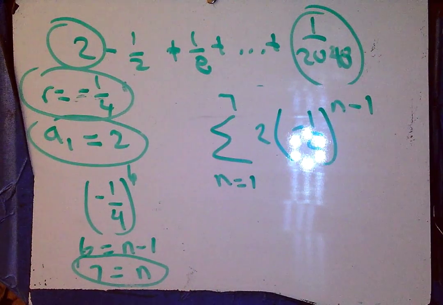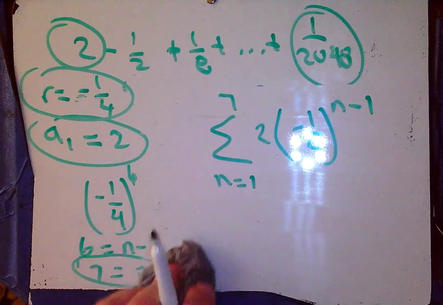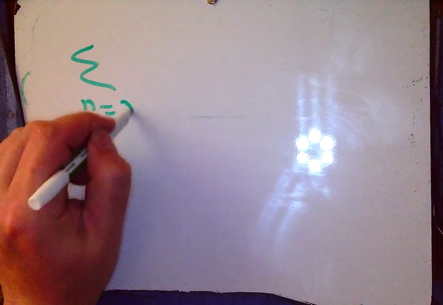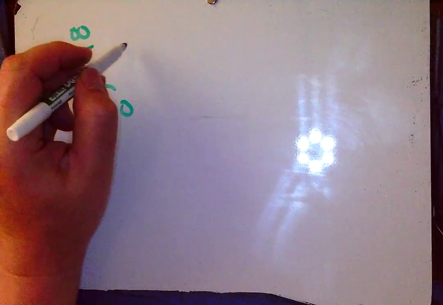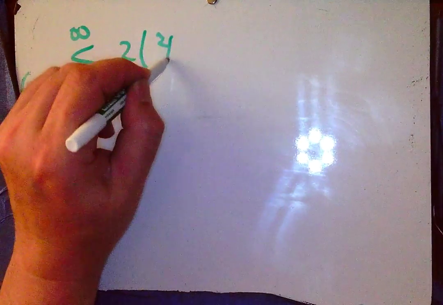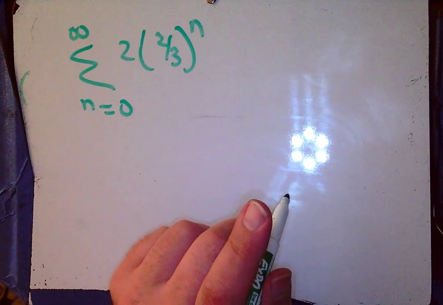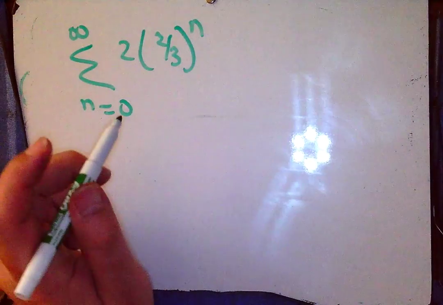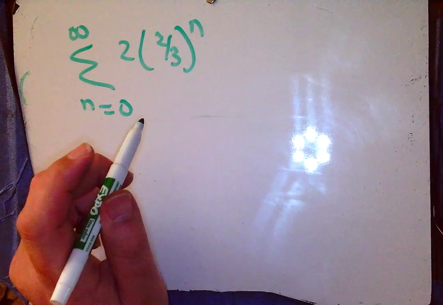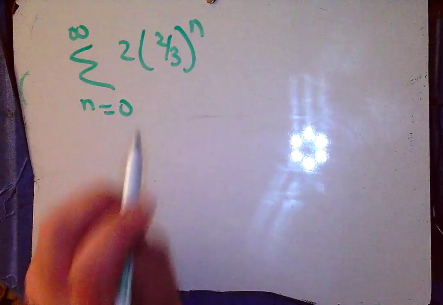All right. What about an infinite sum? Well, if I see n equals 0 to infinity of 2 times 2/3 to the n, you know, this is going to generate our infinite sum.